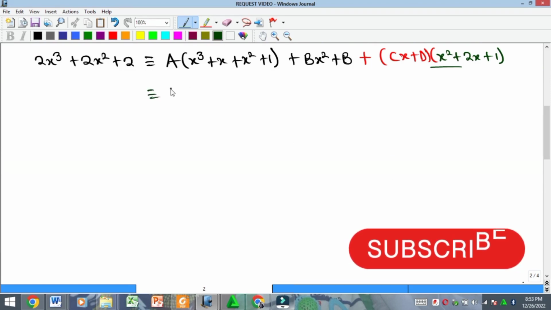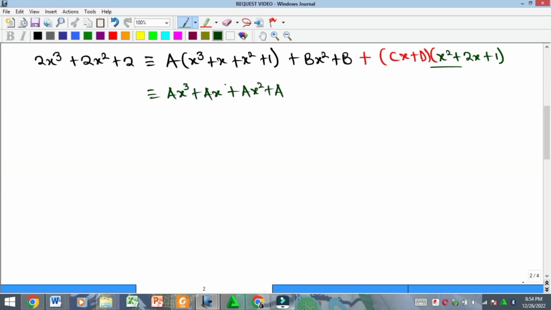So this is going to become ax cubed, and then that's going to be plus bx squared plus b, and then finally, if I now open here, cx times x squared will be cx cubed.